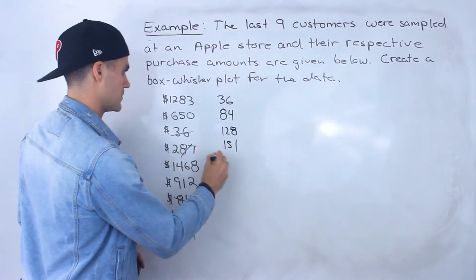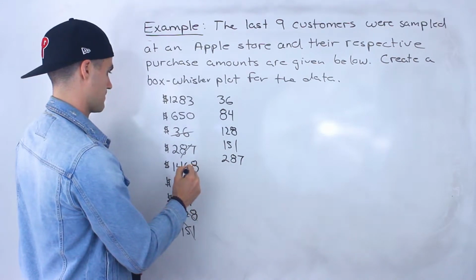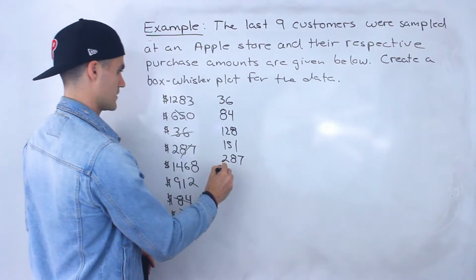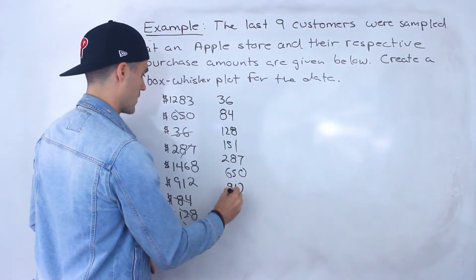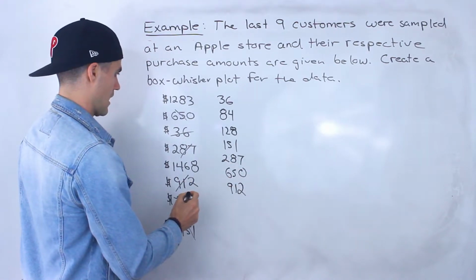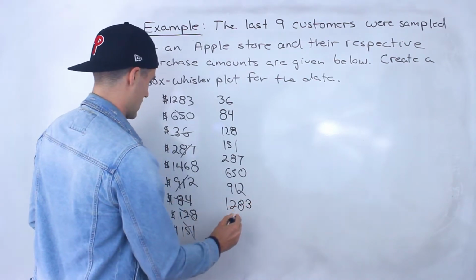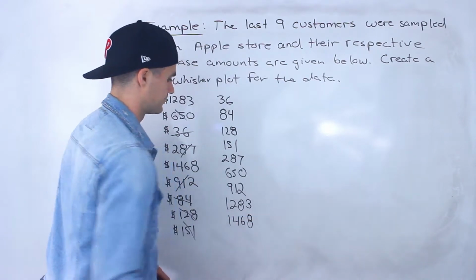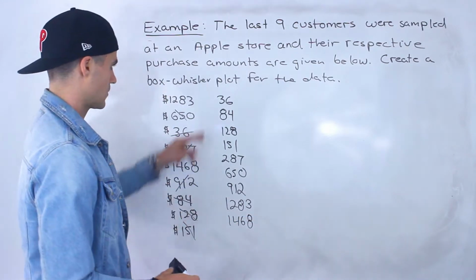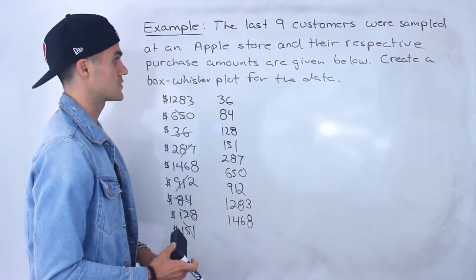Then the next value would be 287, 650, 912, and then 1,283, and then 1,468. Right, so for 9 observations.